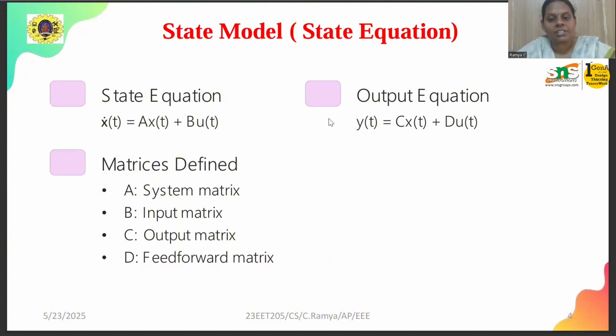In the output equation, we have y of t equal to Cx of t plus D into u of t. And we have the A, B, C, D matrices: A is the system matrix, B is the input matrix, C is the output matrix, and D is the feedforward matrix or direct transmission matrix. Together, they define the complete system behavior in matrix form.